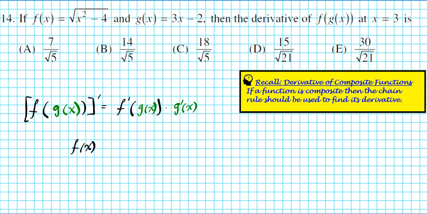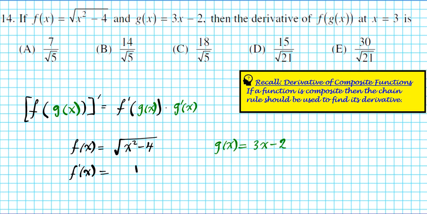f of x equals the square root of x squared minus 4, and g of x equals 3x minus 2. Okay, I don't need to compose them before I differentiate. I can just apply the chain rule directly here as I'm about to do. So check this out. The derivative f prime of x, this in and of itself is a composite function.